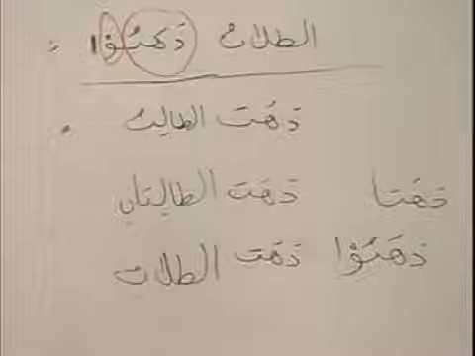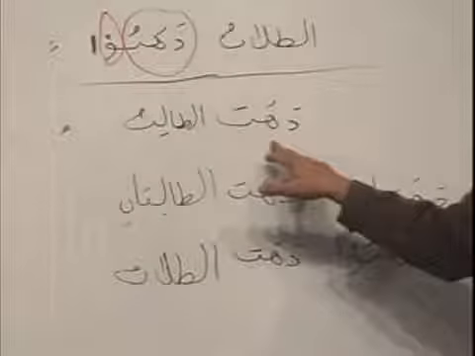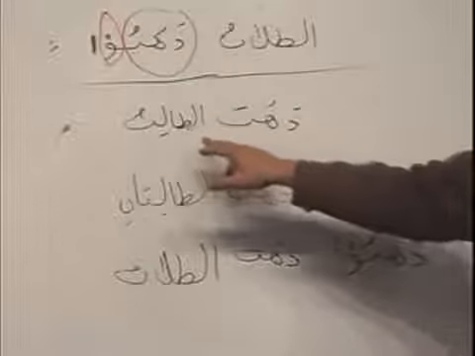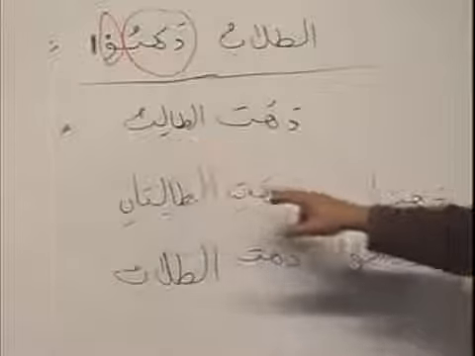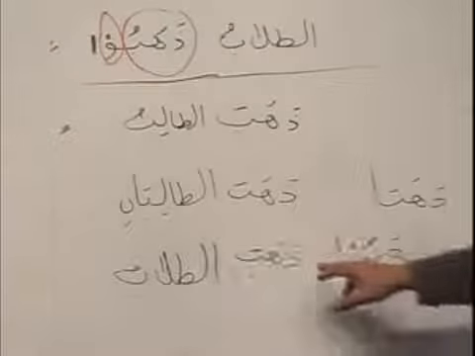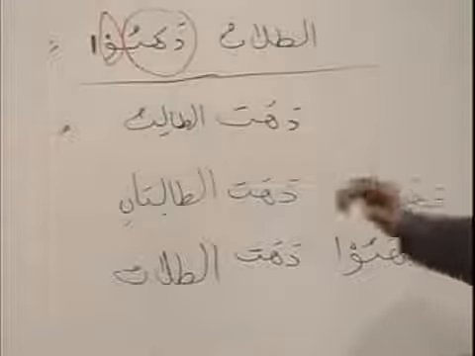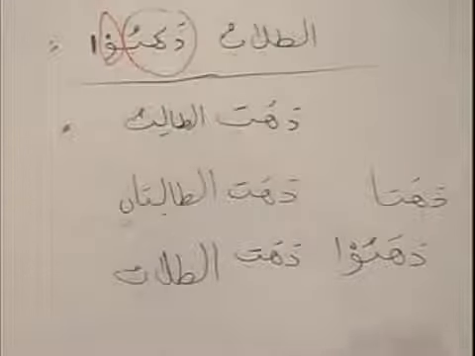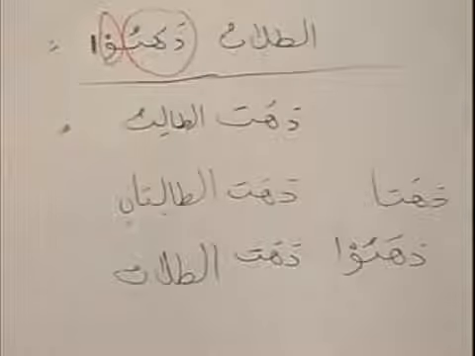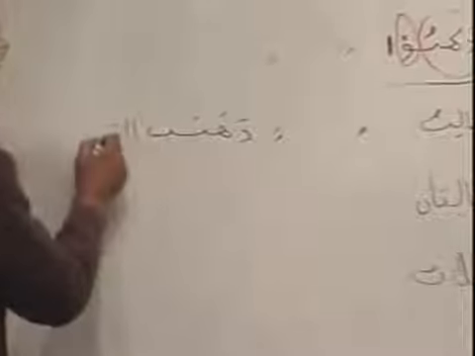Same. Change it now. ذهبت الطالبة, ذهبت الطالبتان, ذهبت الطالبات. Are you with me? Make it more nice. You want me to write it? Yes. I will write it. I will say here ذهبت الطالبة.